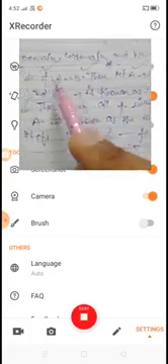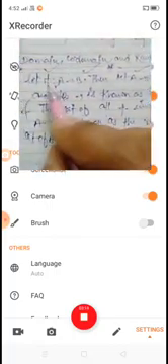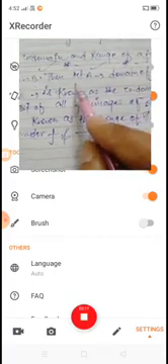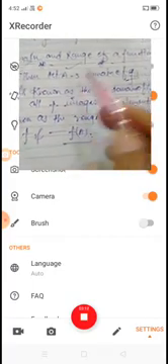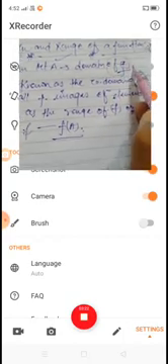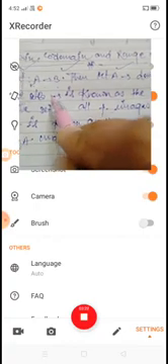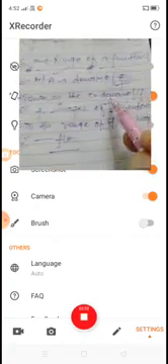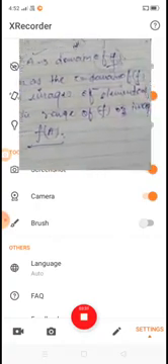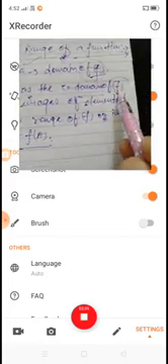Yesterday I discussed, let a function f such that A to B, then set A is known as the domain of the function f. And the set B is known as the codomain of function f.